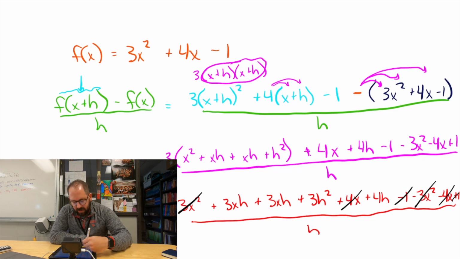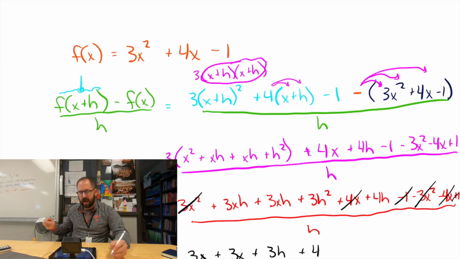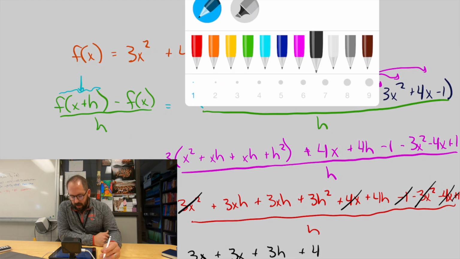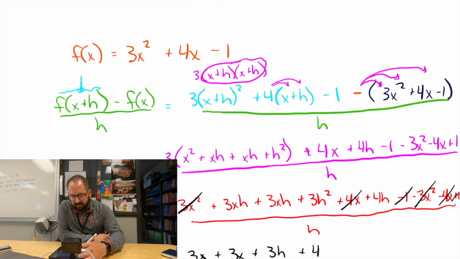So this should be the simplified answer: 6x plus 3h plus 4. That's dividing everything by an h on the top row. And then your last step is to plug in zeros for all of your h's. So the final slope that we should be getting is 6x plus 4.